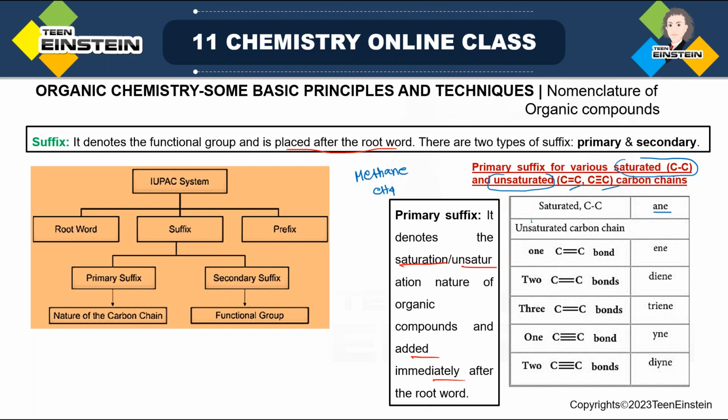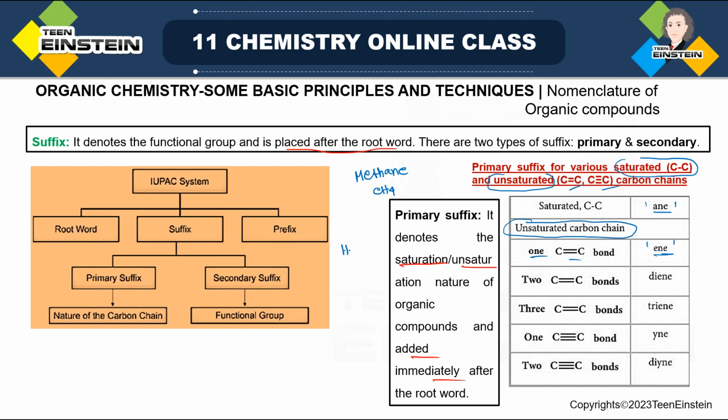If it is unsaturated, and suppose there is only a single C double bond C, then it is simply ENE. Here it is ANE, here it is ENE. Now suppose the root word is eth, that is 2 carbon, and there is 1 double bond.